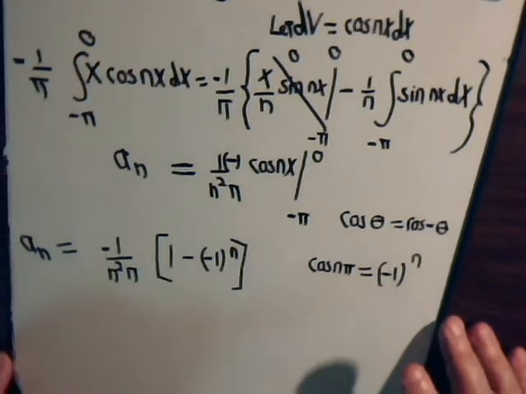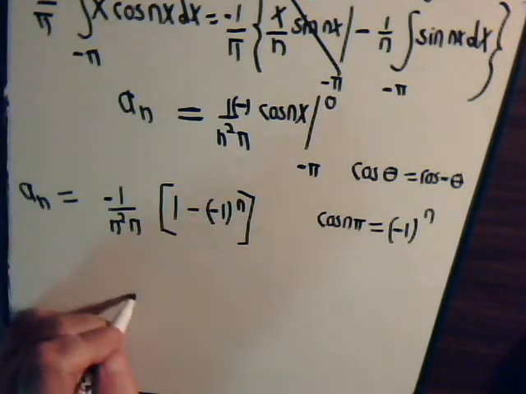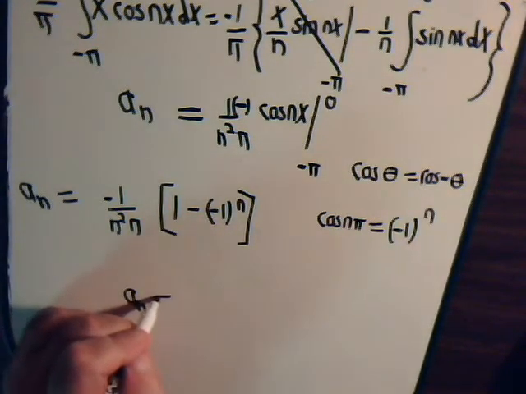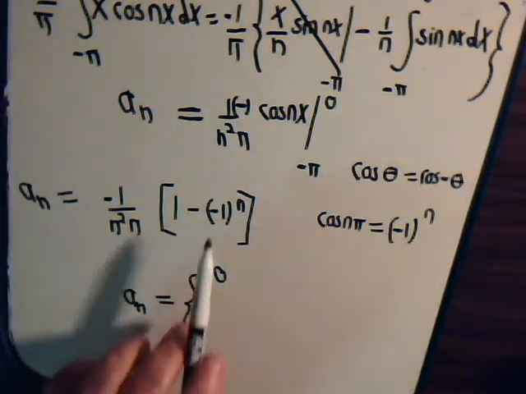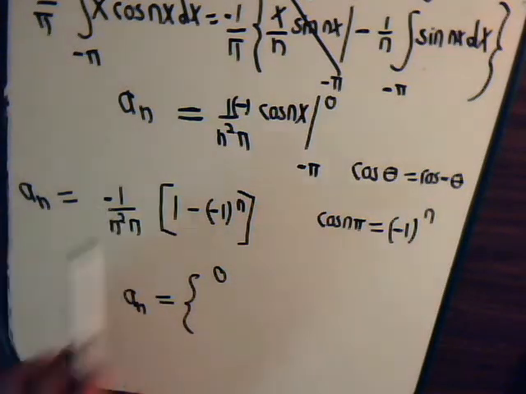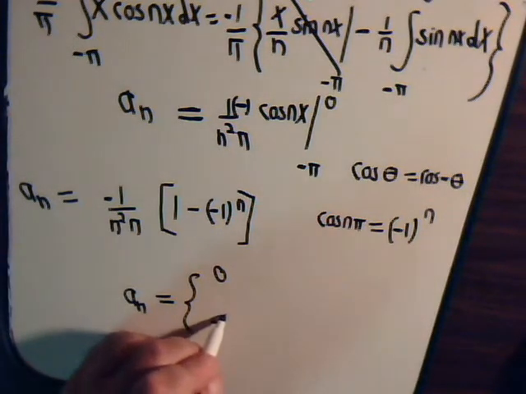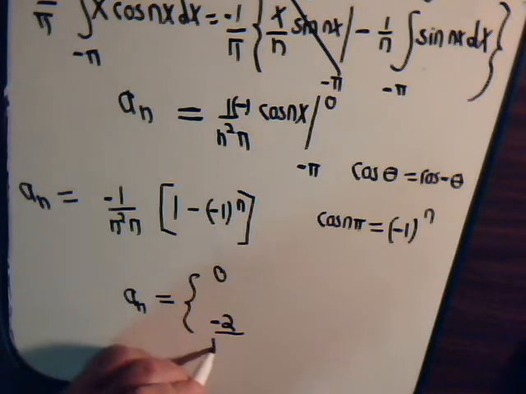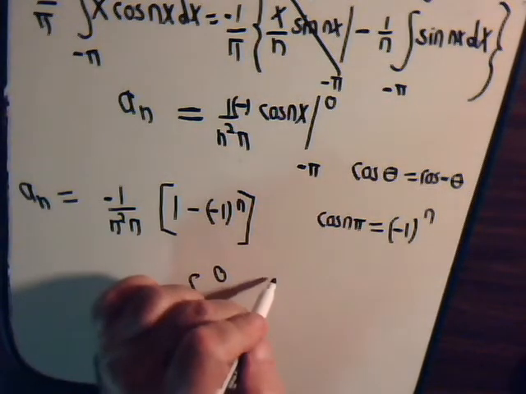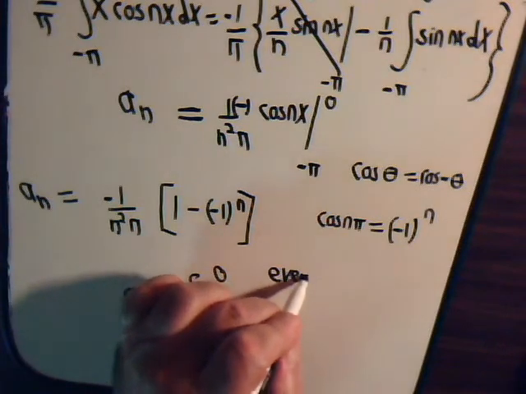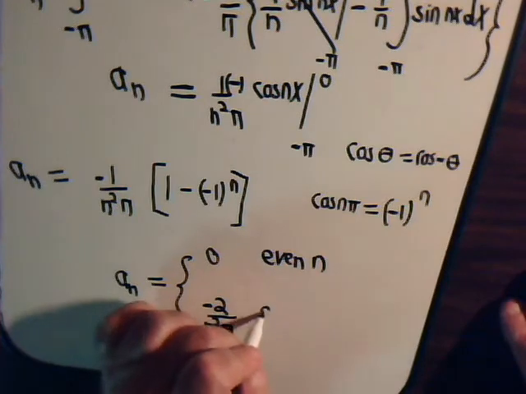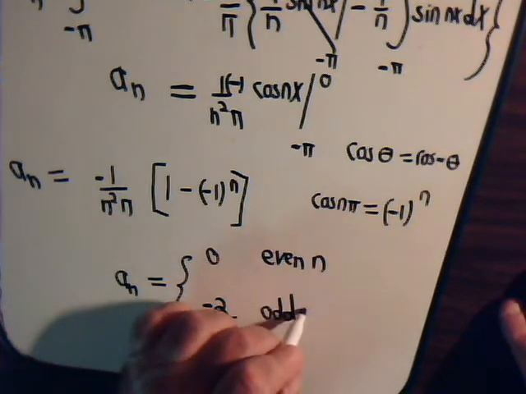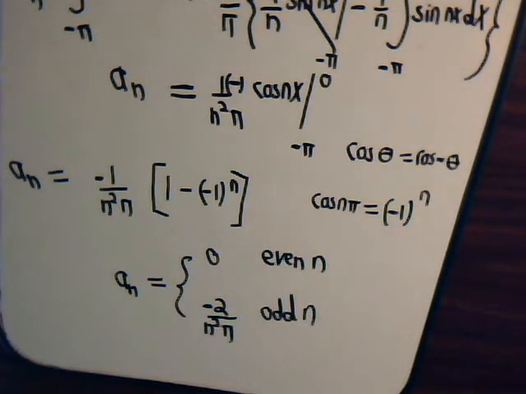So a sub n will equal either 0 for even n, or, since that's 2 times minus 1, minus 2 divided by n squared pi for odd n.